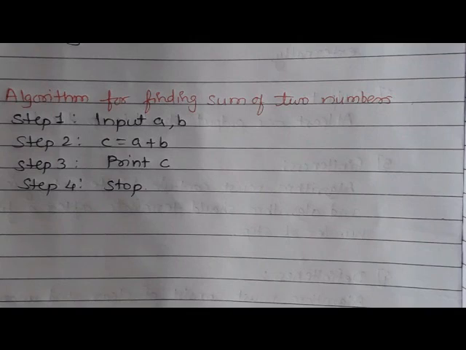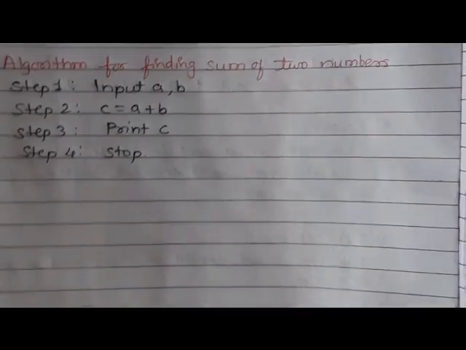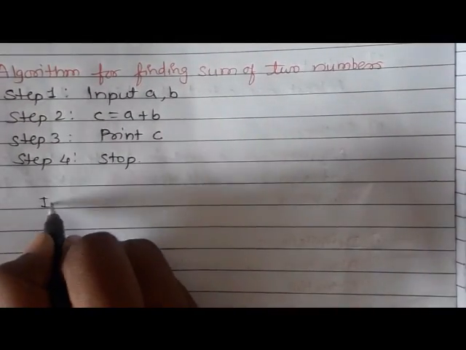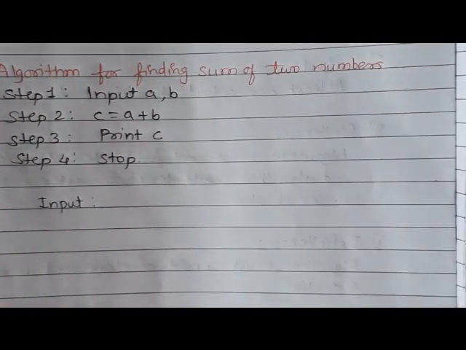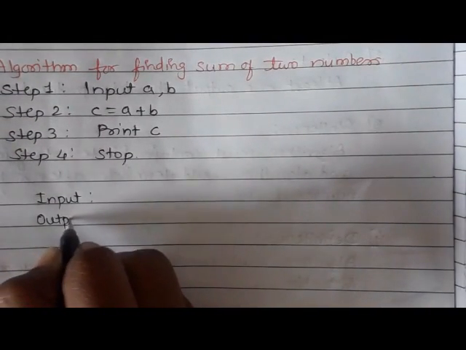Our first characteristic is input: here we take two values from the user, A and B. The second characteristic is output.